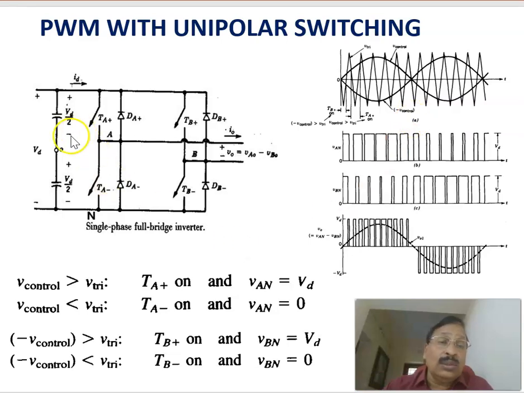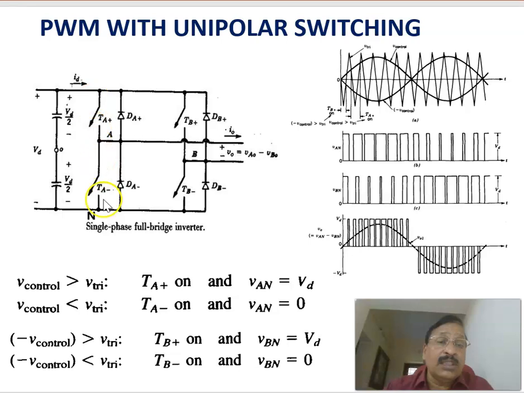The control law for controlling the switches is as follows. If V control is more than VTRI, then TA plus is on. When TA plus is on, VAN, the voltage with respect to N, is equal to VD.